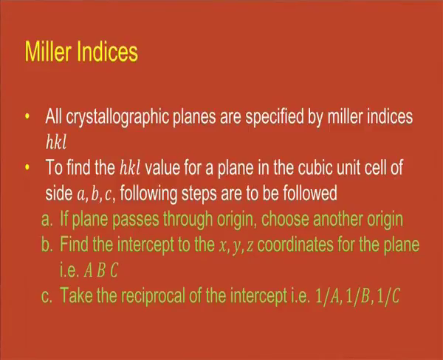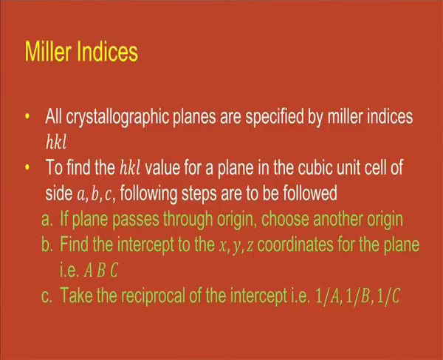The first one is, if the plane passes through the origin, choose a different origin. Once that is done, we have to find the intercepts to the x, y, z coordinates for the plane, which can be denoted as A, B, C.